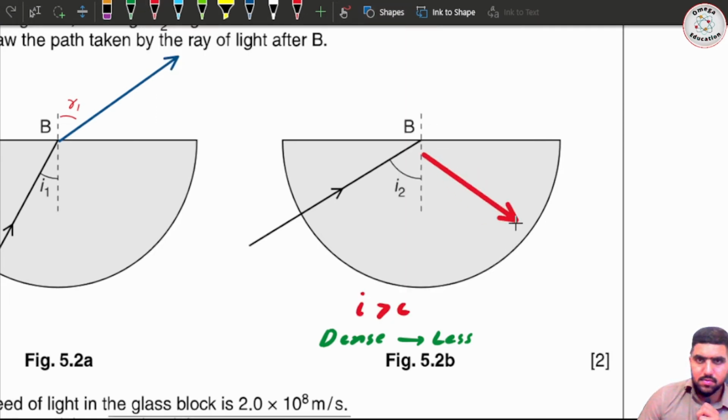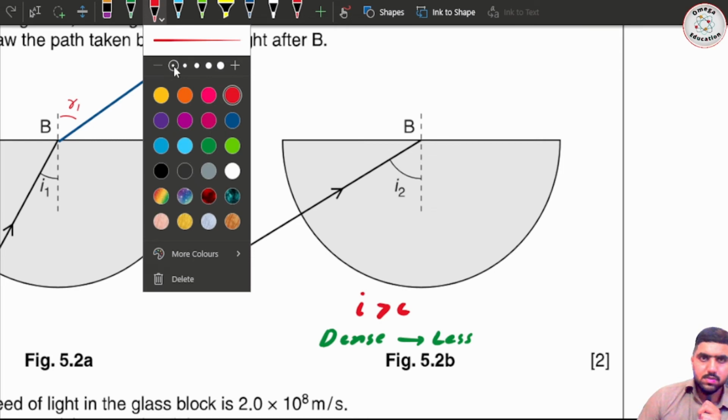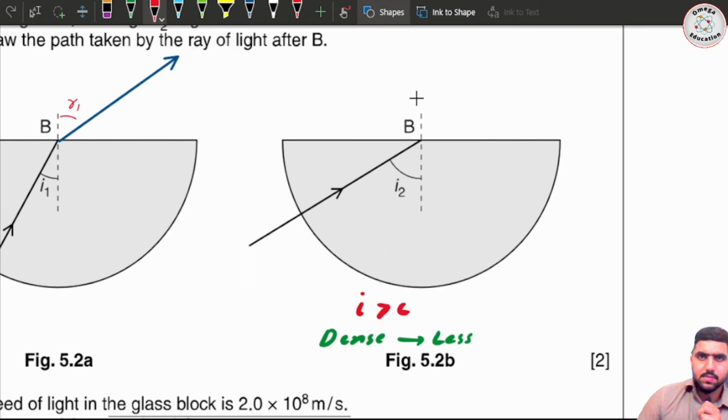So you have to reflect the light ray in such a way that the angle of reflection equals the angle of incidence. If you're not really sure, you can take help from the protractor.